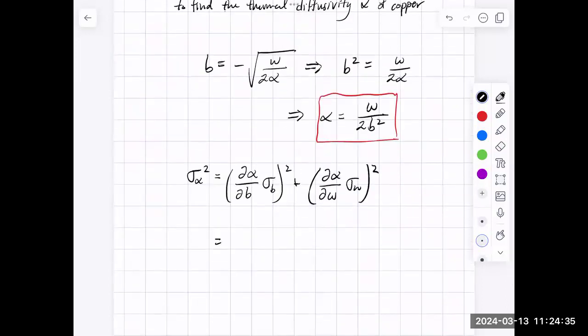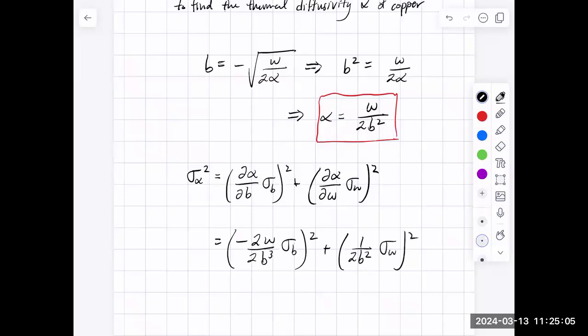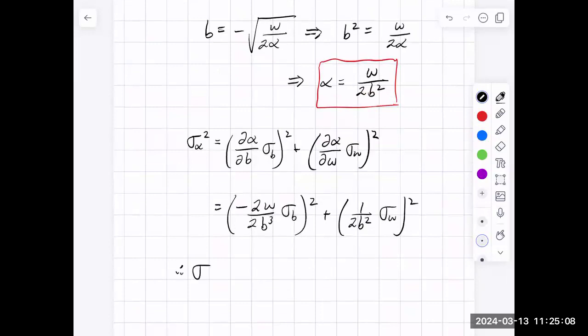Okay, so d alpha dB. So we have a b to the -2. So we'll get a -2 omega over 2b cubed sigma b, I think, squared. The minus sign is not going to matter. And then the derivative with respect to omega is just 1 over 2b squared. And then we'd have sigma omega squared. And so therefore, the uncertainty in alpha is equal to the square root of, let's see, the 2's cancel.